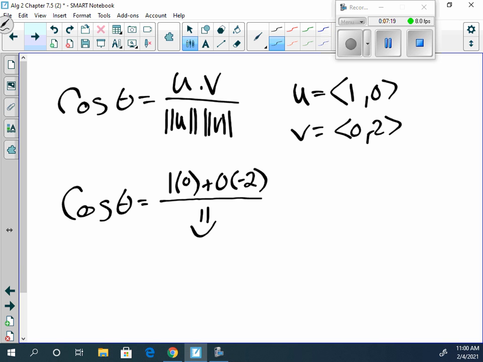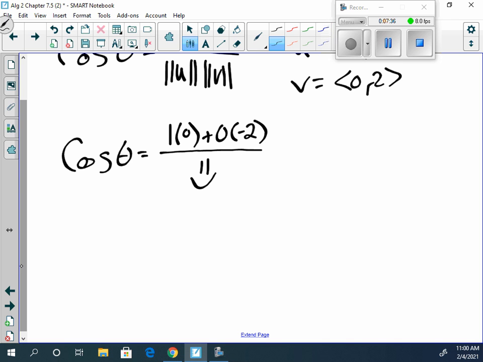Why am I just drawing a happy face? Well, it's all going to be 0. What's the numerator going to be? 0. So 0 divided by whatever this is going to be, cosine of theta equals 0.